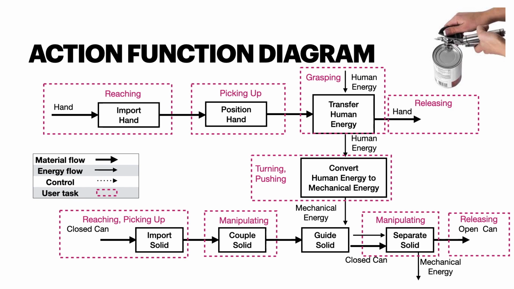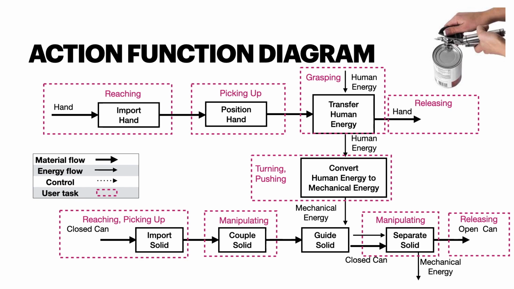So now that we have the action function diagram, we could try to think of what the main objective is. Let's say that we want to build something focused on safety, then maybe the idea of releasing and manipulating that open lid can be a hazard, something that can be a problem. Or what if we are building a device that is human-centered for elderly people? Maybe then we need to start thinking of ways to transform that mechanical energy.